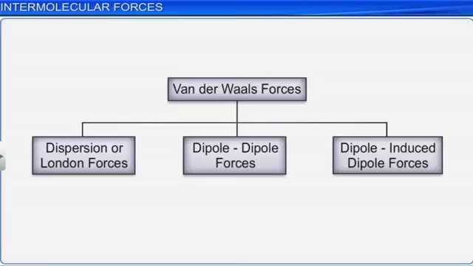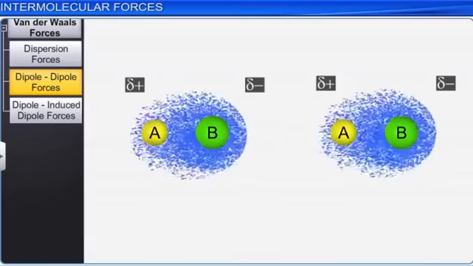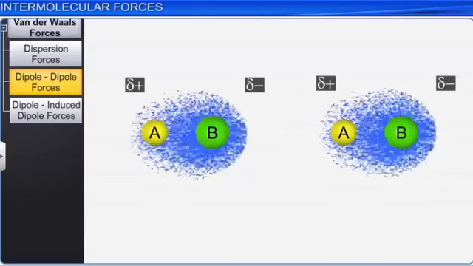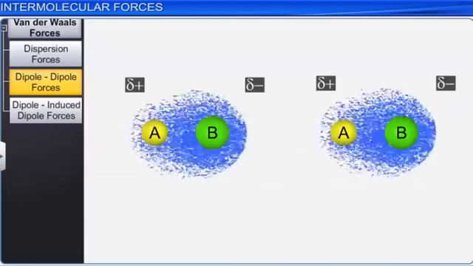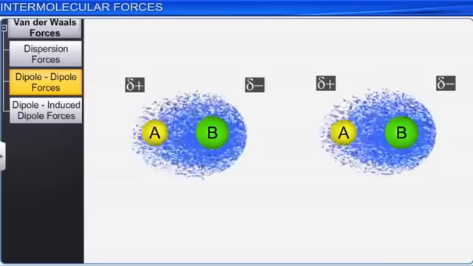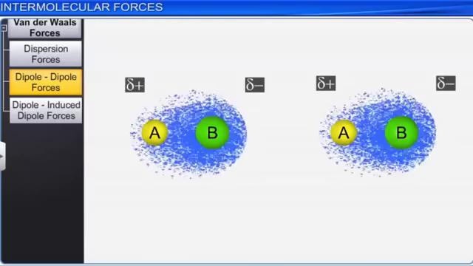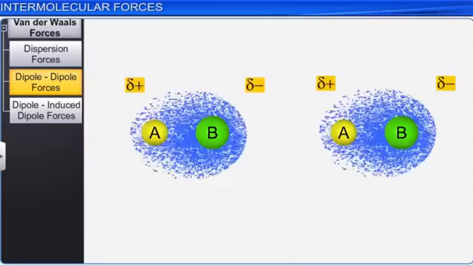Another type of intermolecular force is dipole-dipole forces. The dipole-dipole forces are attractive forces that act between the polar molecules with permanent dipole. The ends of the dipoles in a polar molecule possess partial charges which are represented by the Greek letter delta.